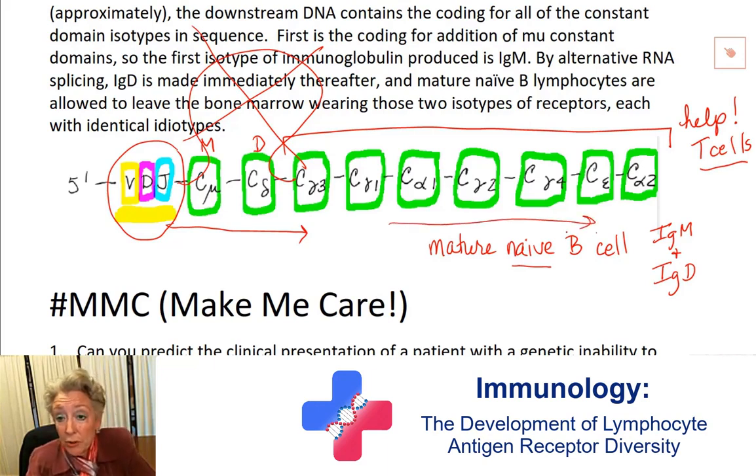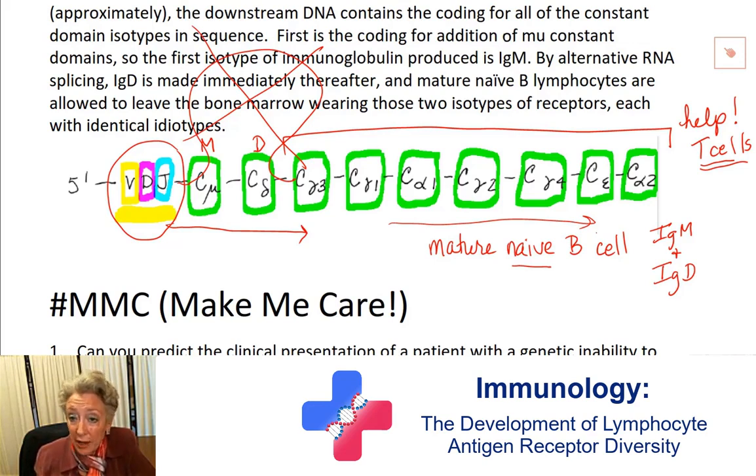So notice that my B lymphocyte will go unidirectionally down this sequence. It does not have to do it step by step by step, and that is totally dependent on T cell help. So whatever the T cell tells the B cell to switch to by signaling, that B lymphocyte will change to a new isotype of antibody.